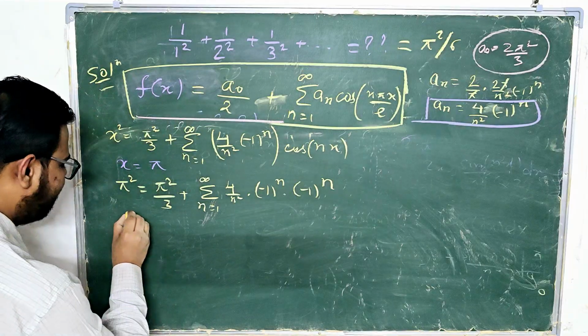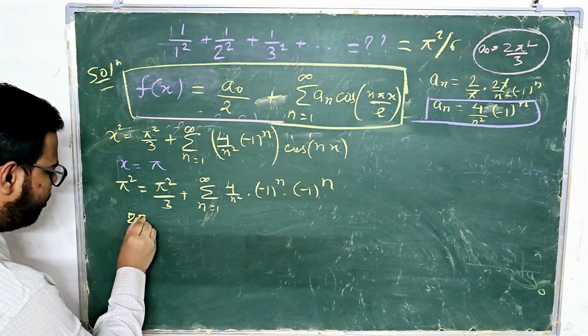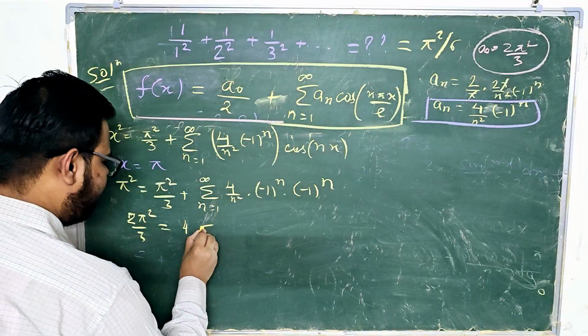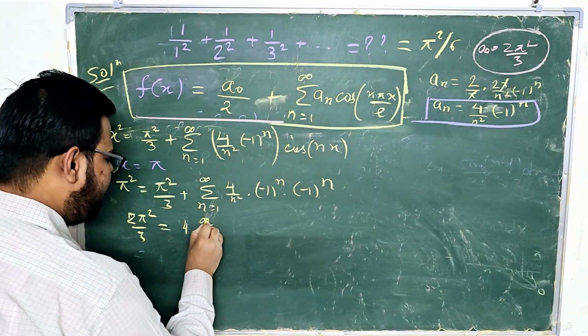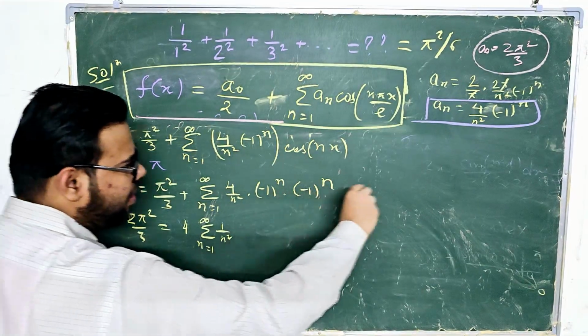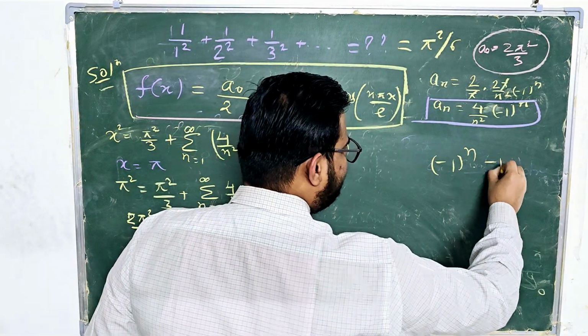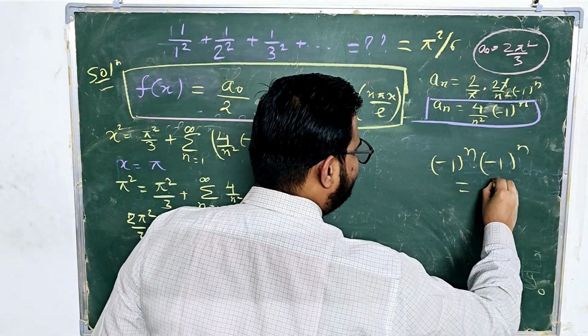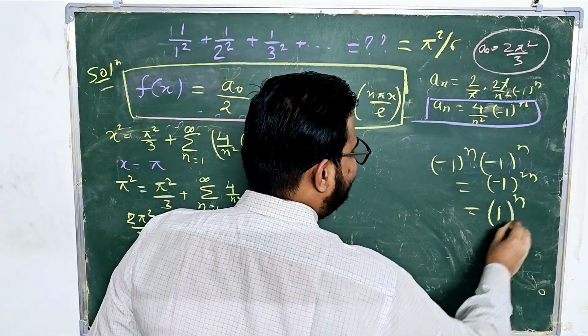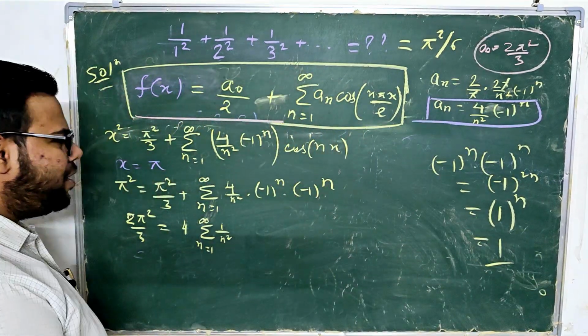So 2π²/3 is equal to 4 times the summation from n equal to 1 to infinity of 1 by n², times (-1)^n times (-1)^n, which is actually equal to (-1)^(2n), which is equal to 1 for all n.